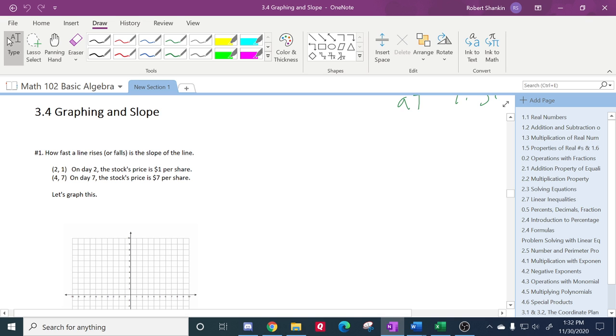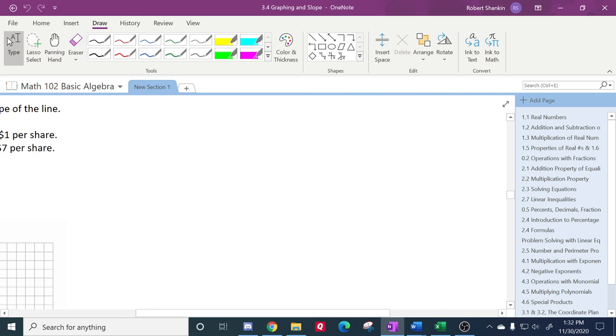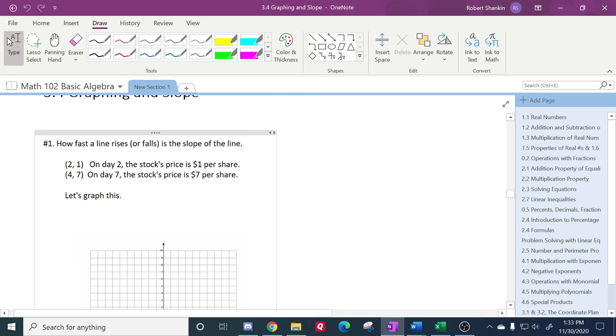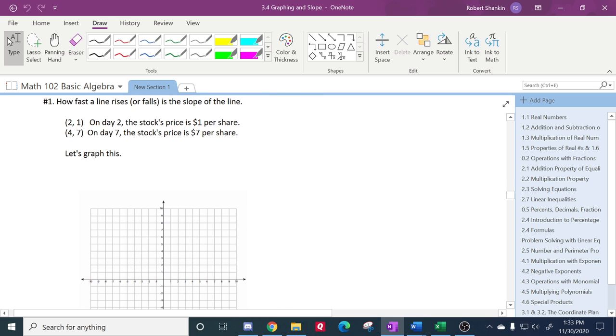And we're going to be graphing these. Let me make this even bigger. All right. So this is the day number. And this is the price of the stock. On day 2, the stock's price is $1 per share.